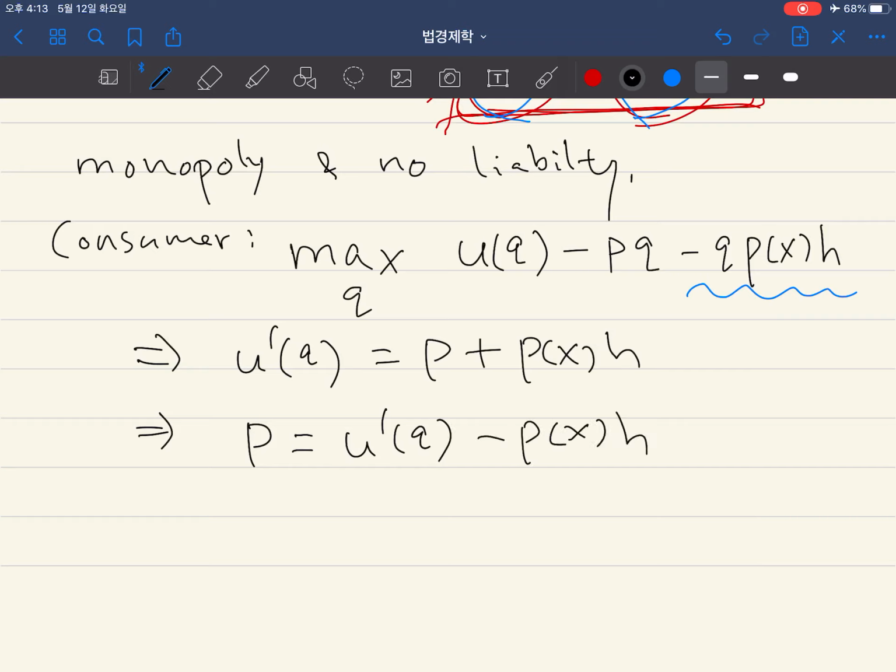So this is our inverse demand function. And again, you can verify that if you draw demand curve, it's going to be downward sloping. If you take derivative here, so take derivative with respect to Q, we can verify that slope is negative. So if you draw demand curve, it's going to be downward sloping.